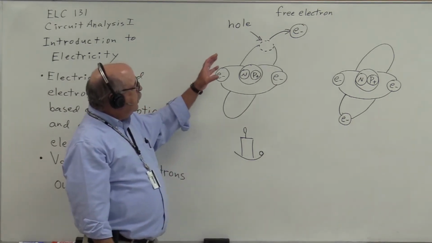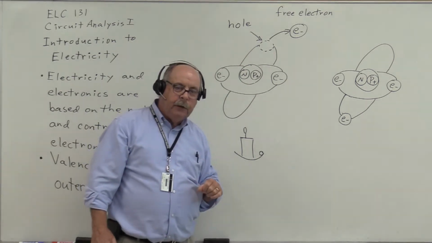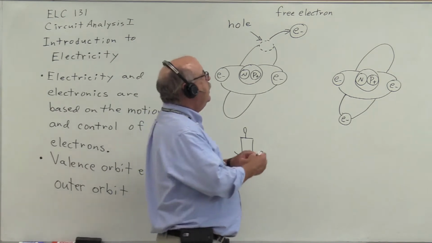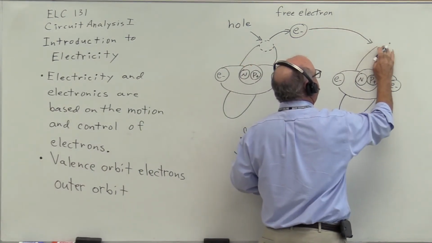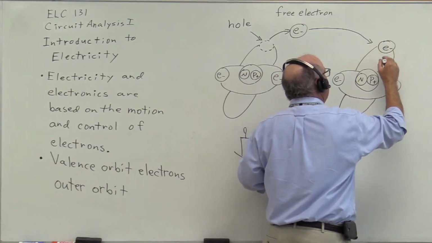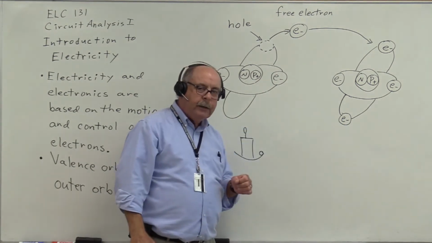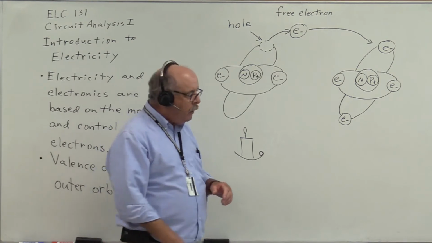Now, these electrons don't like to be out here in space by themselves. They want to be with their other electron buddies. So this electron will fall into the orbit of another atom. And when this happens, notice the atom on the right now has more electrons than it does protons.